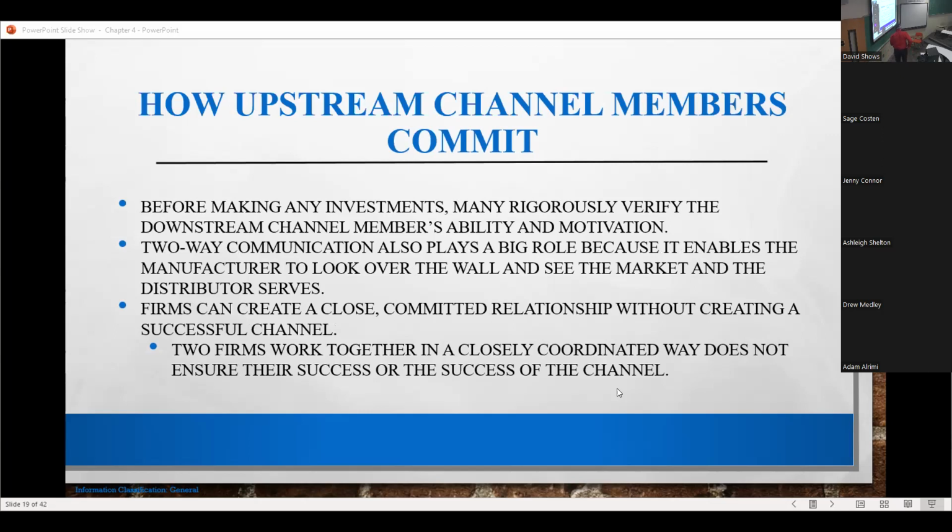This is especially true of branding manufacturers who are coming out with new products and looking for investments in dealerships, because very simply, many times there are individuals who would be a distributor in name only, but are not willing to put in the effort. So that comes down to two-way communication. See the market, you can see where the distributor serves. All of those are things that are important. You break down those barriers so the upstream partner sees what the downstream members have going.